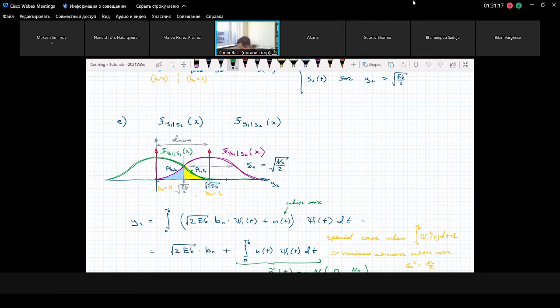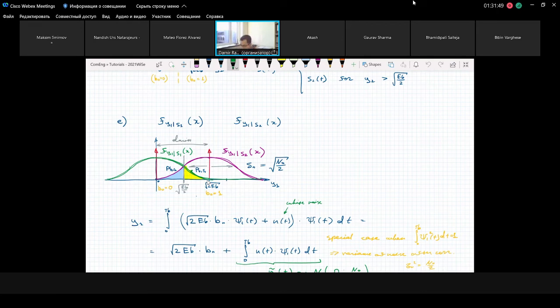Your noise might have a voltage 1,000 million times higher than square root of 2 Eb. But the probability for this event is negligibly small. Maybe it will happen only once in a million years. But from a theoretical point of view, it is a possible situation with very small probability.